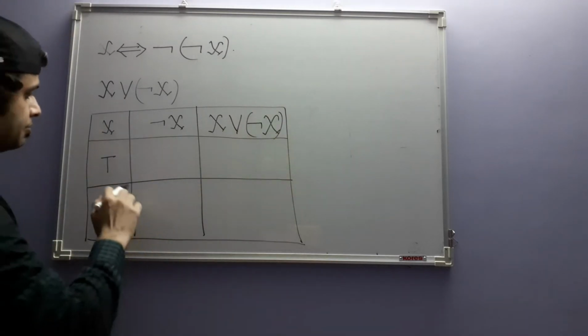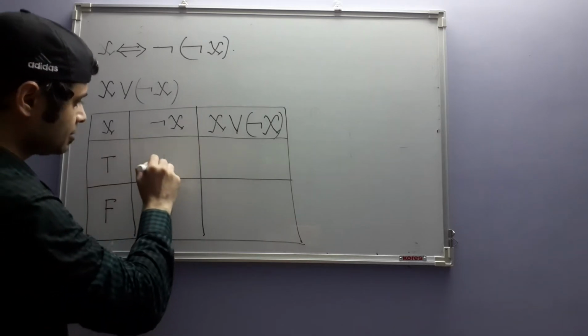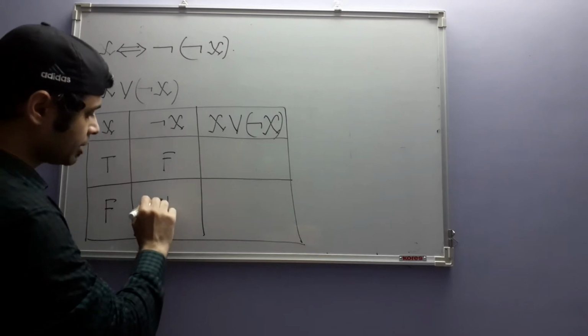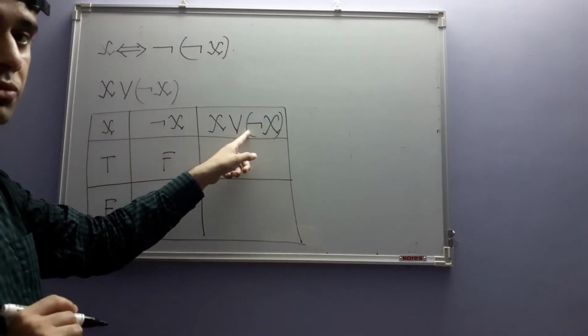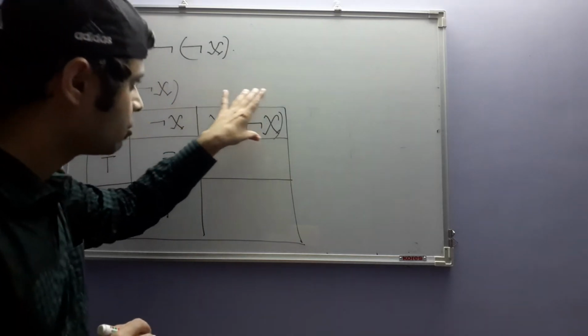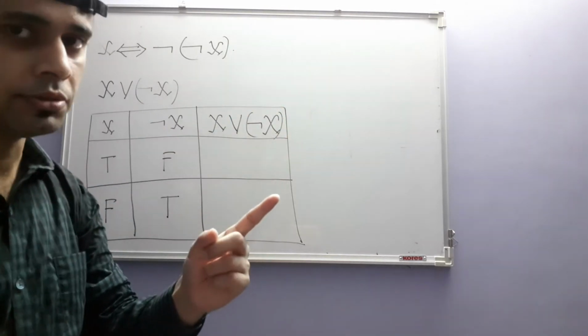This also depends on X, although in a more indirect manner. So when X is true, negation of X is false. When X is false, negation of X is true. And what about disjunction of these two? Disjunction is true if either this is true or this is true or both are true. That is, we need at least one of them to be true.